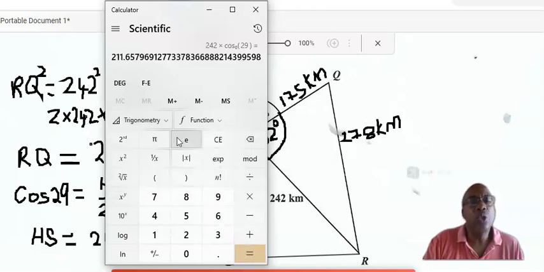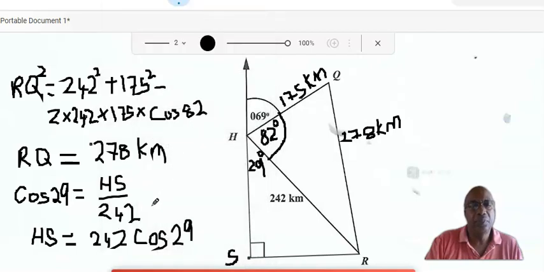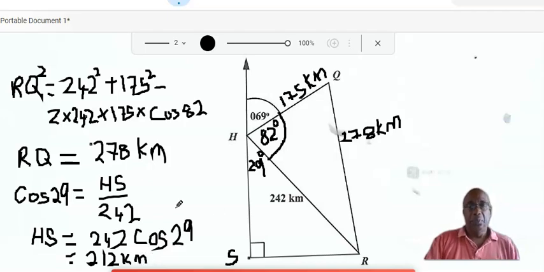Equals, and you get 211.657, etc. So to the nearest whole number, that is 212 kilometers. And that is the distance R is south of H.